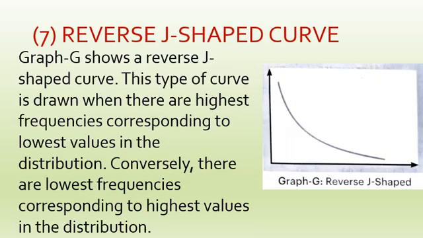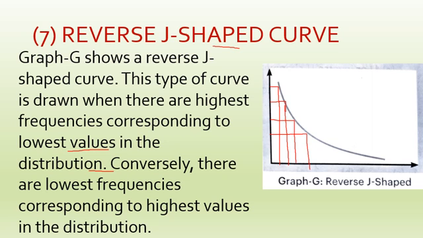Now next one is reverse J-shaped curve. This graph shows a reverse J-shaped curve. This type of curve is drawn when there are highest frequencies corresponding to the lowest values in the distribution. When the initial class intervals have highest frequencies, the frequency keeps on decreasing with the increasing class intervals.